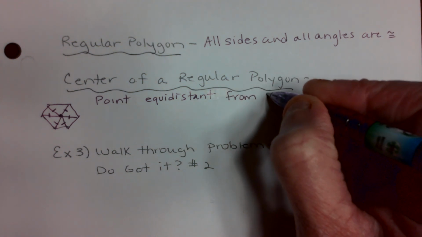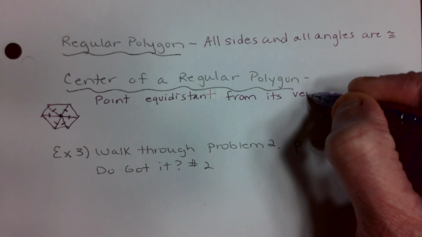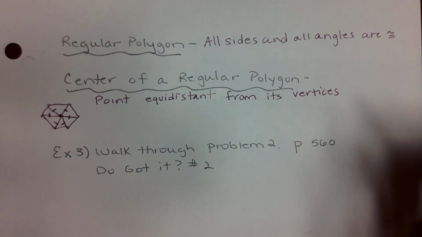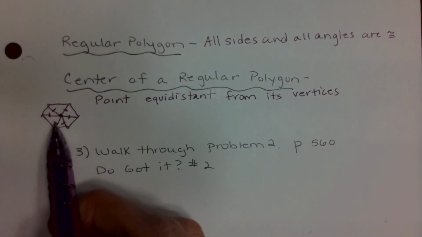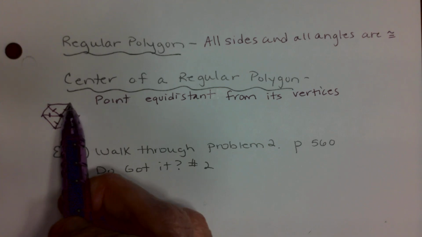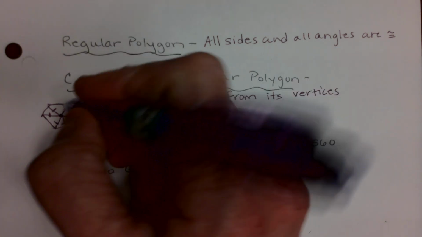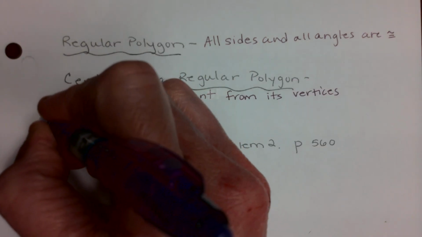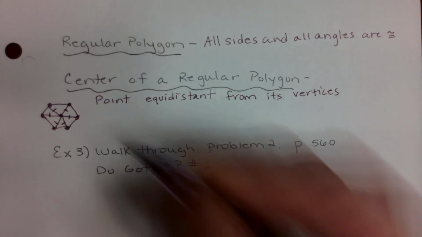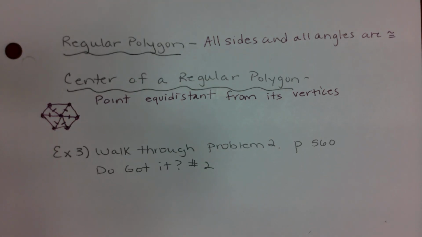Okay, so this point is equidistant from all of the vertices. Remember, these are the vertices. Those are the vertices. Okay, so we're going to walk through problem 2 on page 560 right now.